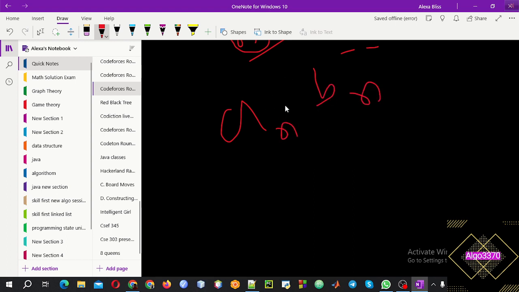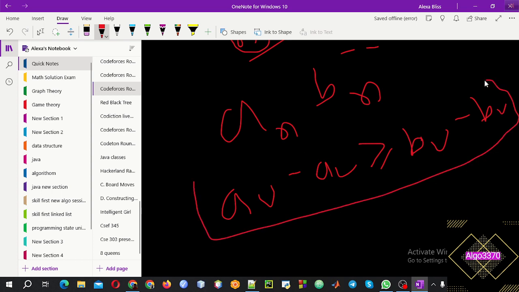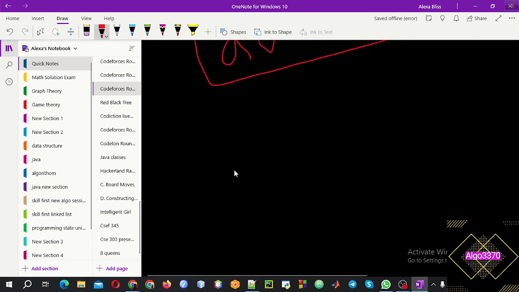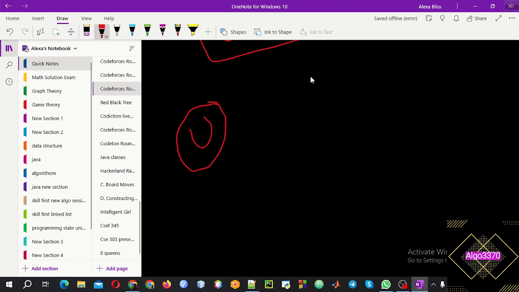Here we can construct a directed graph from these 2 arrays when this condition is satisfied: A_u minus A_v is greater than or equal to B_u minus B_v.